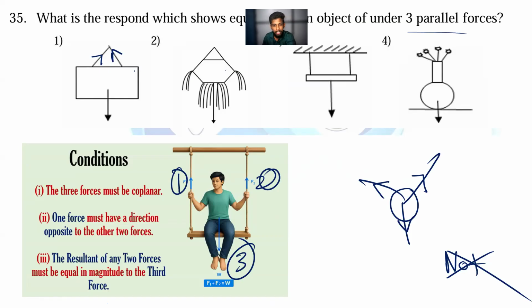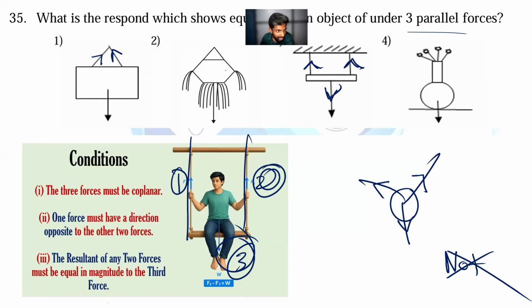Zainab. Sir, can you explain diagram 3? It looks a bit weird. Yes, sir, the third one. 1, 2, 3, so that's the answer, right? That is the answer, yes. 1, 2, 3, parallel forces.